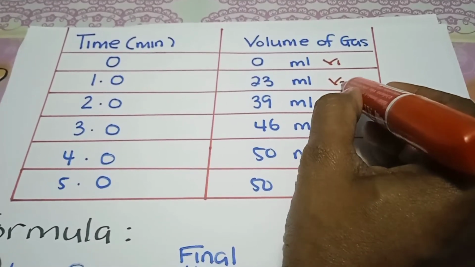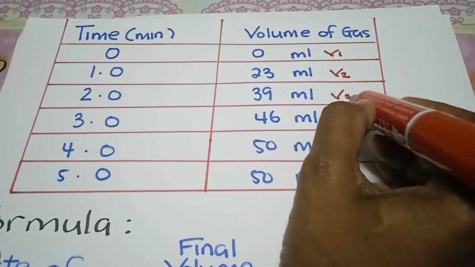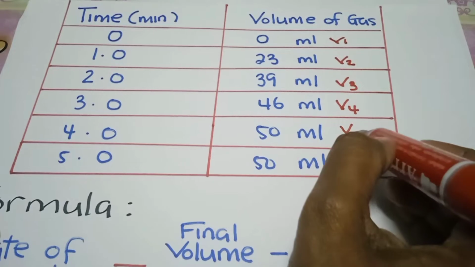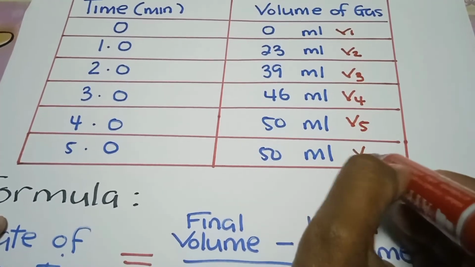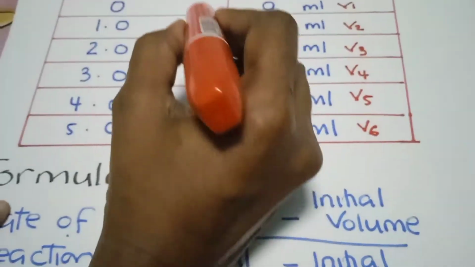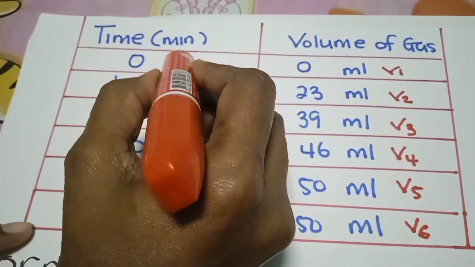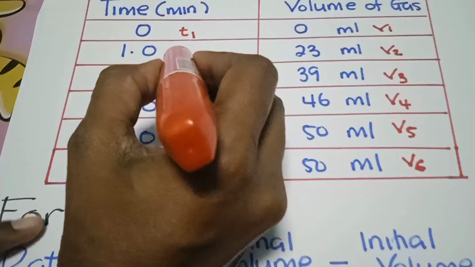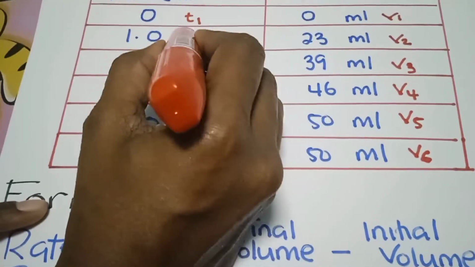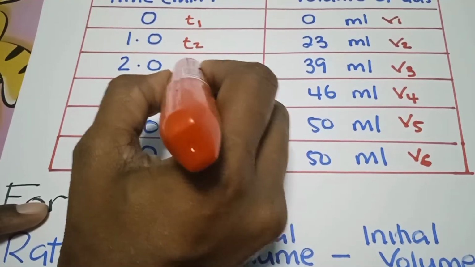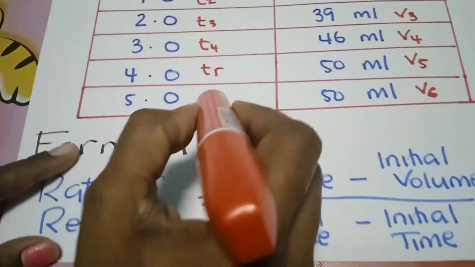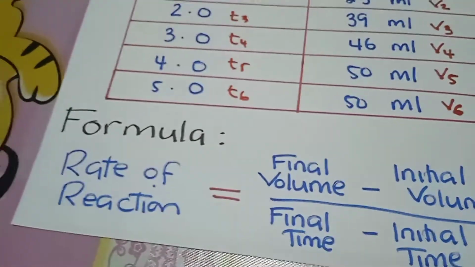This one will be volume number 2, volume number 3, volume number 4, volume number 5, and this one will be volume number 6. For the timing, this one will be T1, as time 1. This one will be T2. This one is T3, T4, T5, and T6.